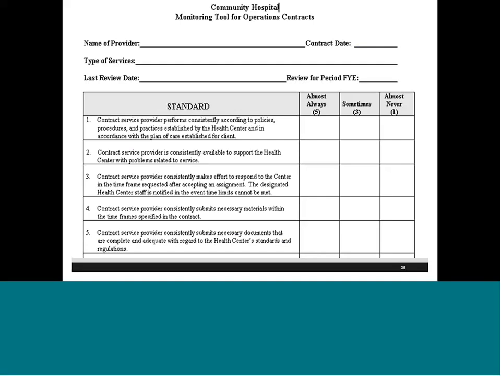Do they follow our HIPAA privacy? And we would have one that was based on information for all our employees. And then we would have one that would zero in on: are they following the contract? Are there any problems with that service? Do they issue the necessary material within the time frame?